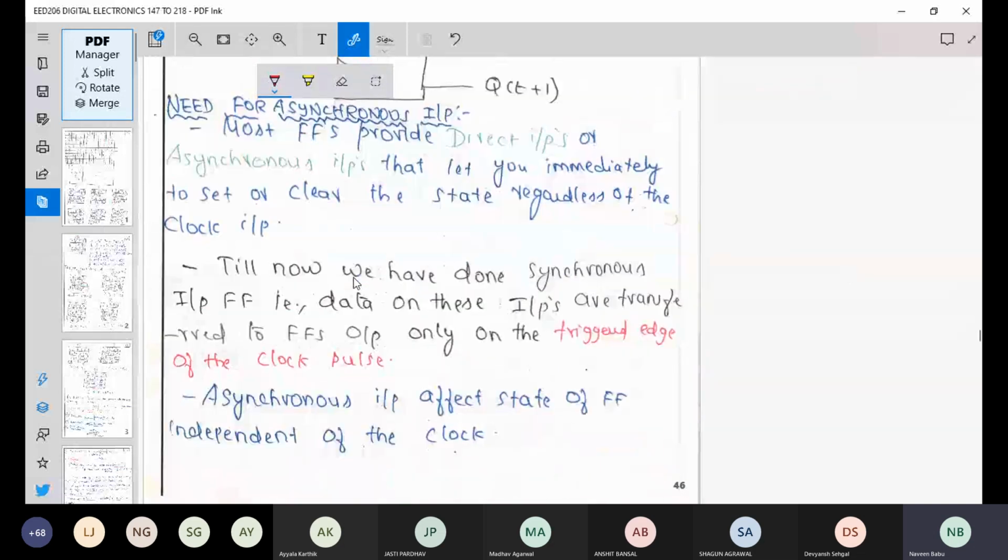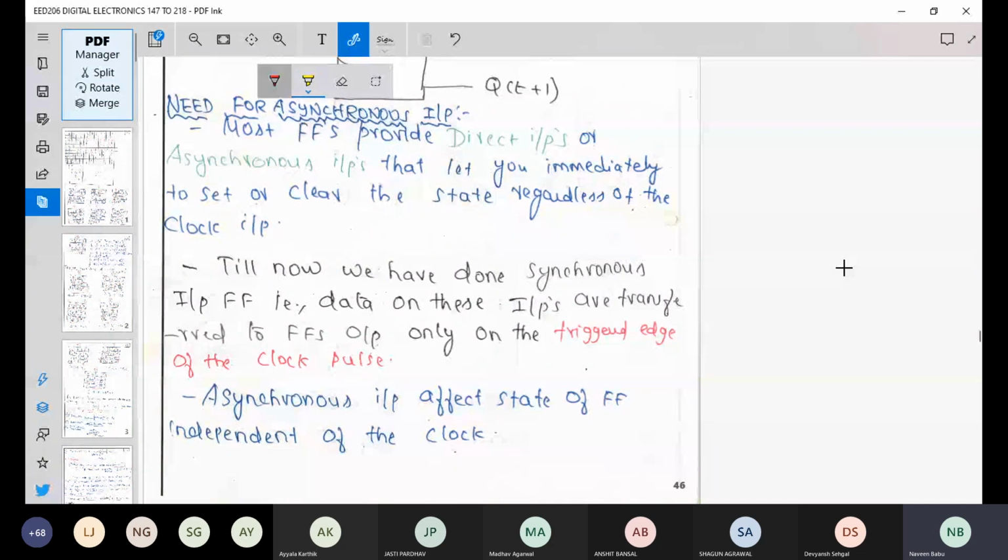First, let us list down the problems here. What is the need for an asynchronous input? Most flip-flops are provided with direct inputs, or what we call asynchronous inputs, that let you immediately set or clear the state regardless of whatever your clock input is.